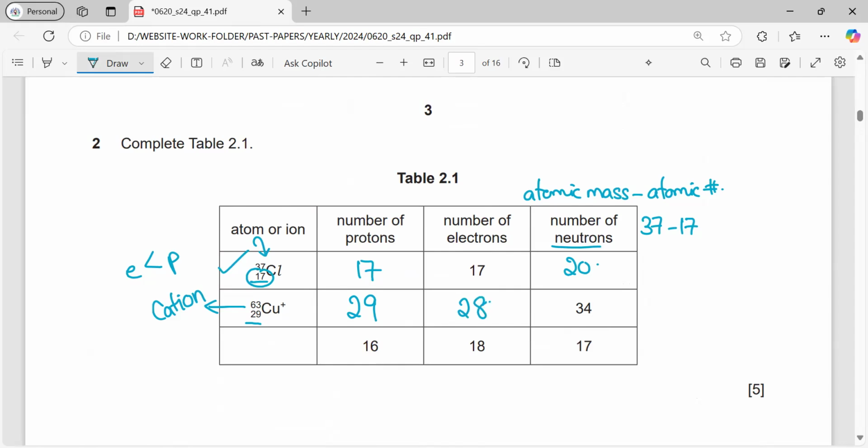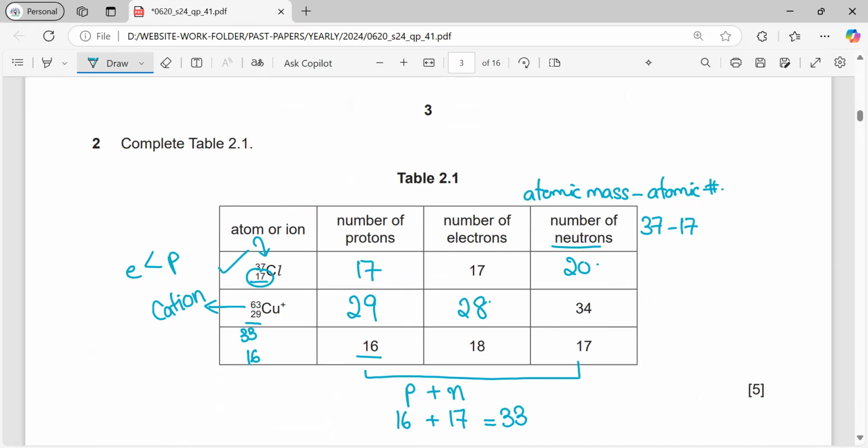For the next one, the number of protons is 16, so whatever the atom is, it will have the atomic number 16. You can calculate the atomic mass or the mass number by doing protons plus neutrons. So it will be 16 plus 17, which is equal to 33. So its mass is 33.